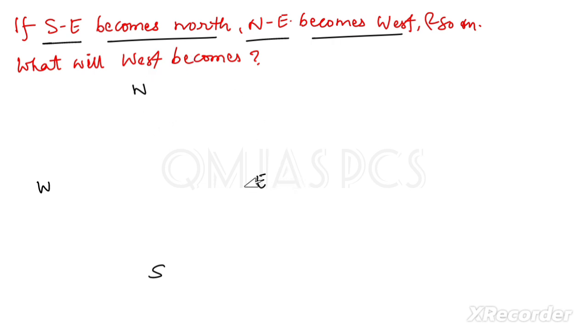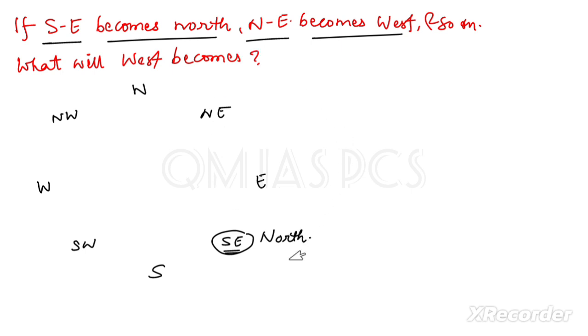Like this is northeast, okay, this is northwest, this is southwest, this is southeast. Fine. Now they are saying southeast becomes north, so southeast, this one is north. Clear? This one is the new north.